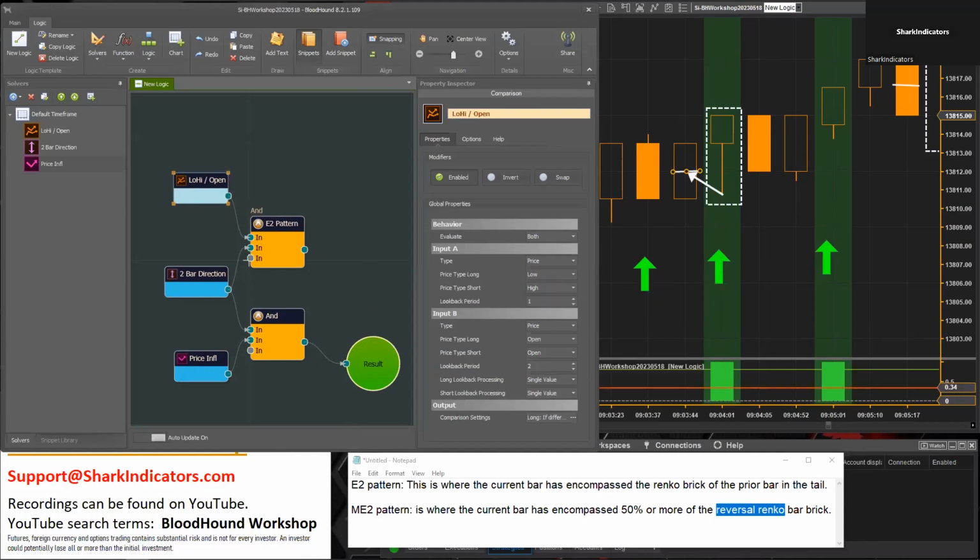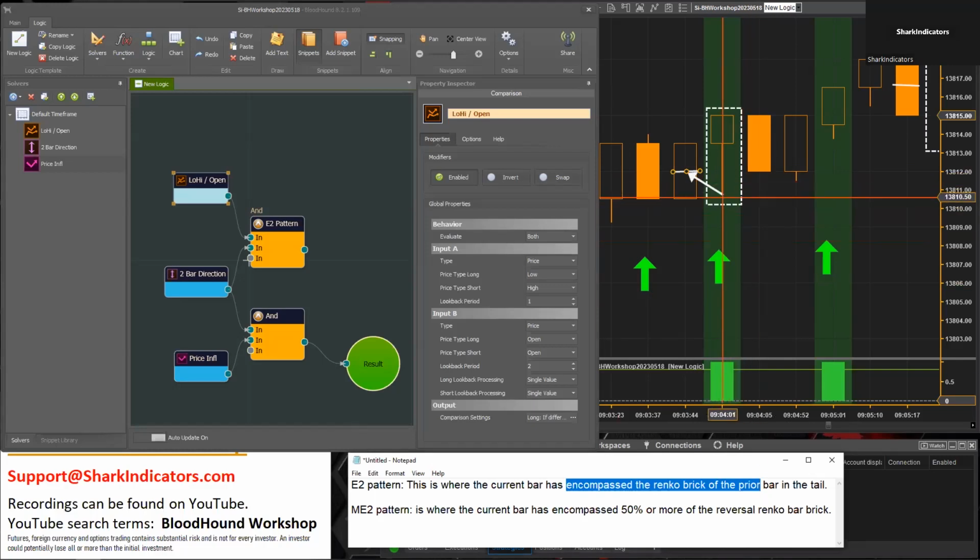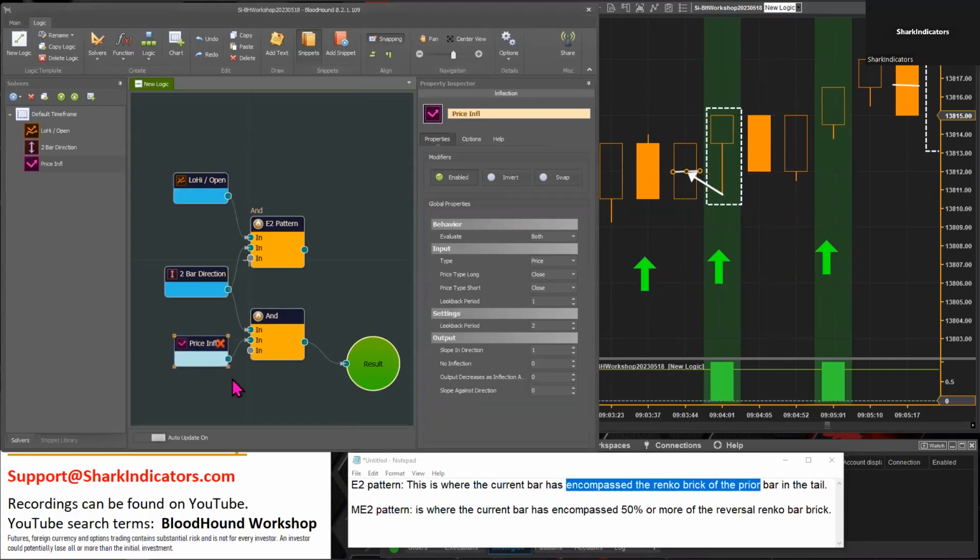That's what's validating the main condition of the E2. Well, we need that same kind of comparison to compare the wick to the midpoint of the brick or the body. So that's what we're missing here so far.